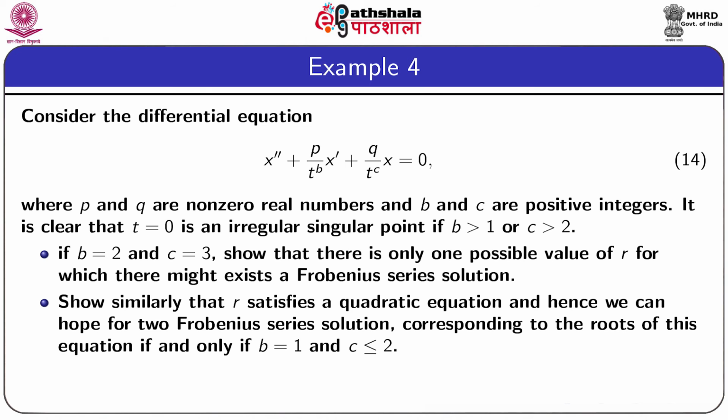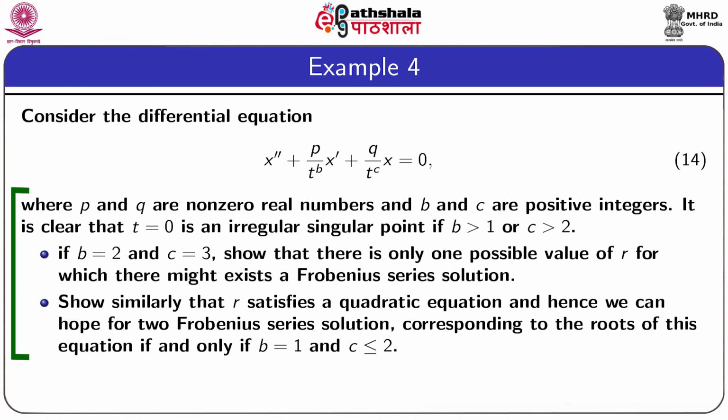To calculate this, please denote capital P(t) is equal to 1 by t to the power b and capital Q(t) is equal to 1 by t to the power c, and then you calculate t into P(t) and t square into Q(t). The expression which you will get should not be undefined at the point t equal to 0.